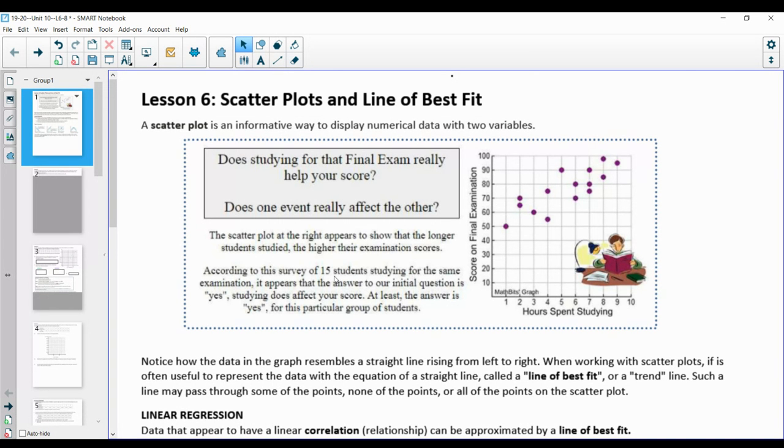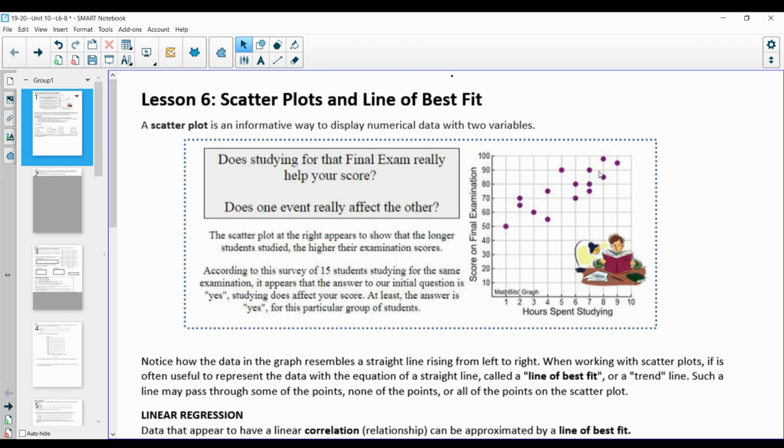According to this survey of 15 students studying for the same examination, it appears that the answer to the first question, does studying affect your score? And the answer is yes. Okay. Notice how the data in this graph sort of represents a straight line rising from left to right.